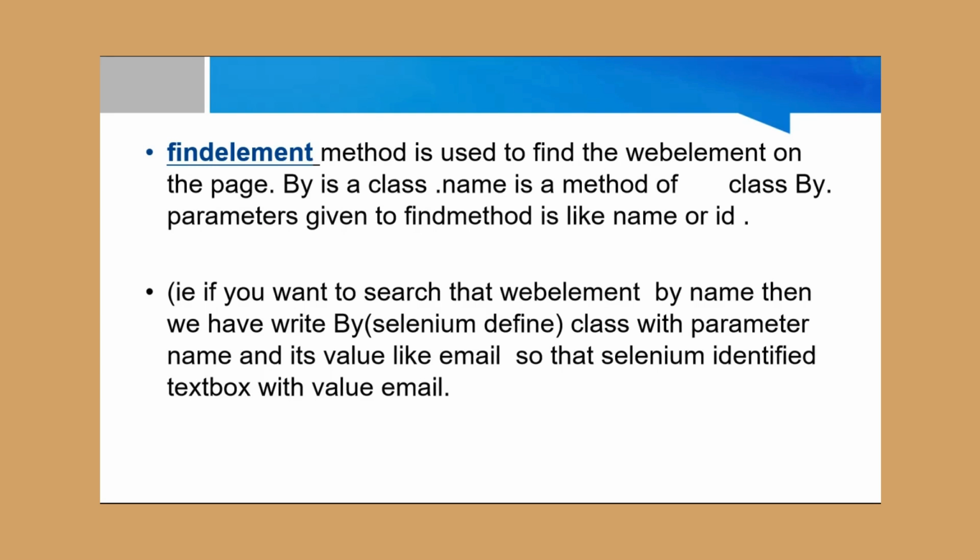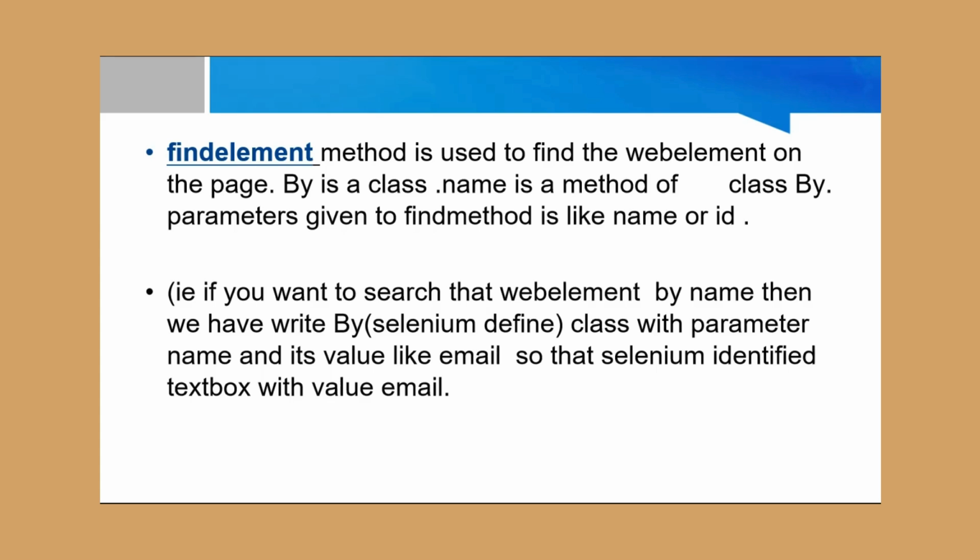Now the next one is the find element method. If we want to execute test cases for a specific web element on our page, like entering a username in the username text box on the login page of any web page like Facebook or Rediffmail.com, Selenium doesn't know which web element I have to test or enter the value in.